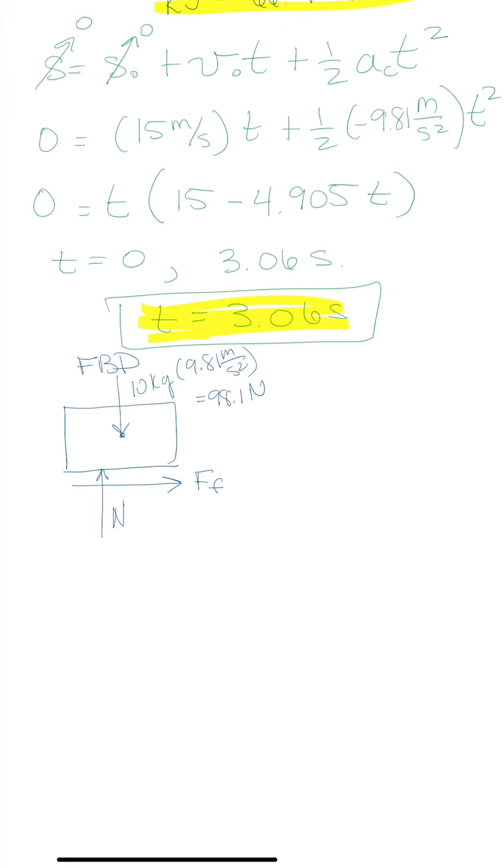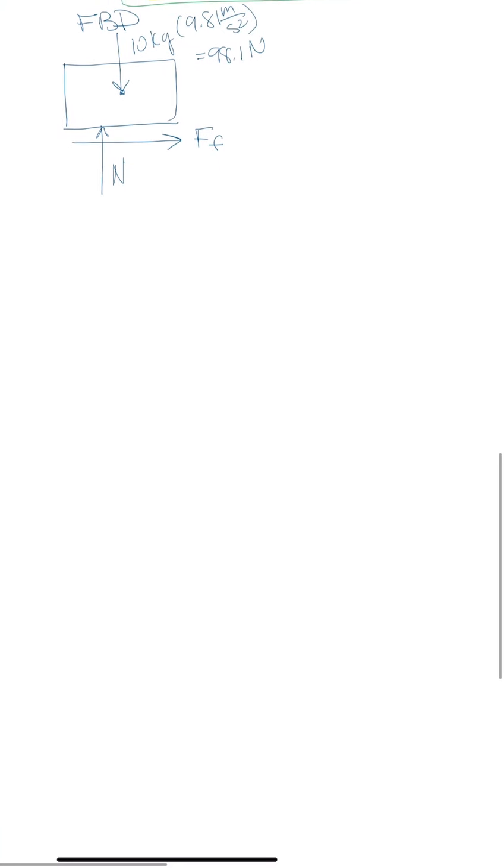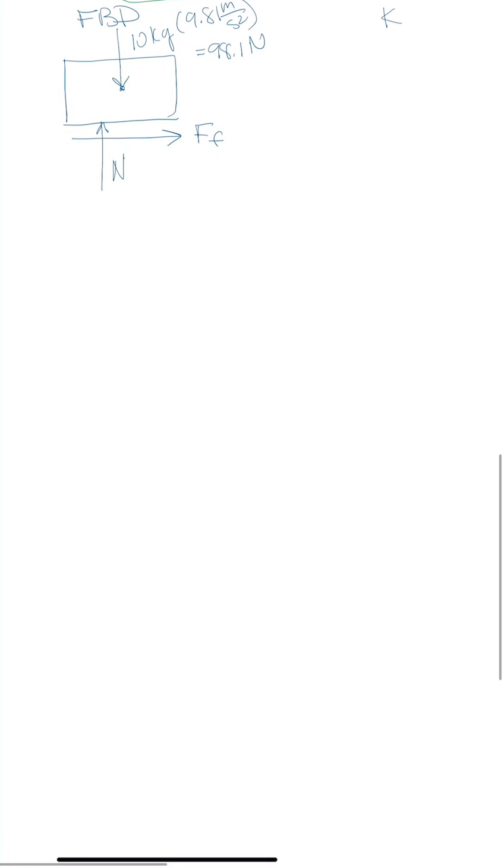So that's the free body diagram. Then we have the kinetic diagram, which is just the crate again, and that point G, and then we just have mass times acceleration of the crate. So that's the free body diagram and the kinetic diagram. So that's it for that one.